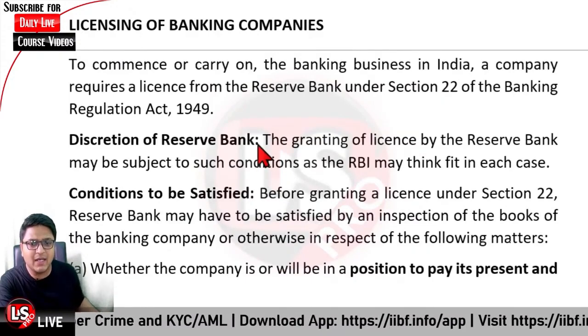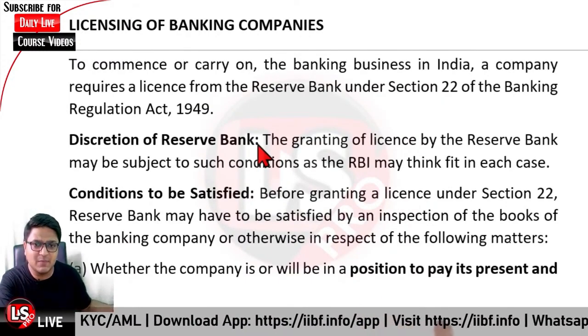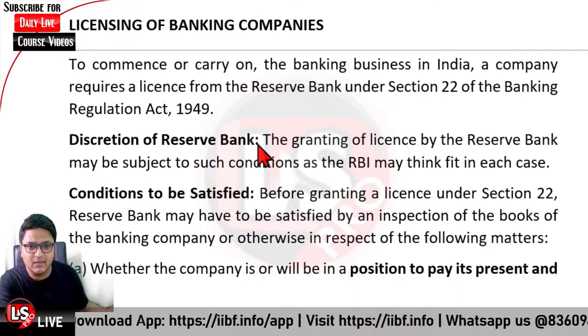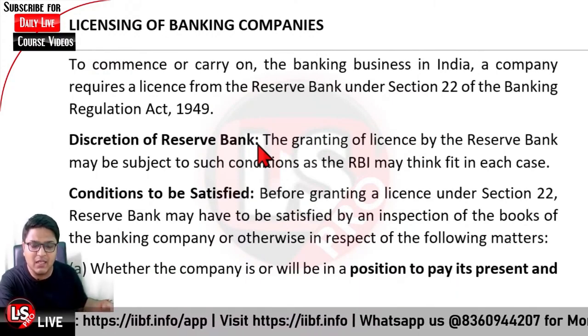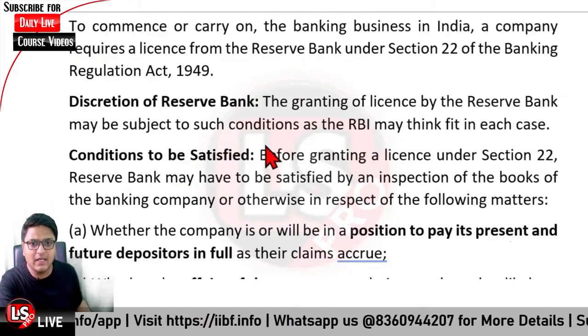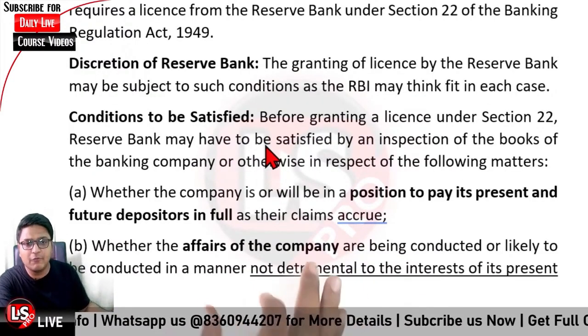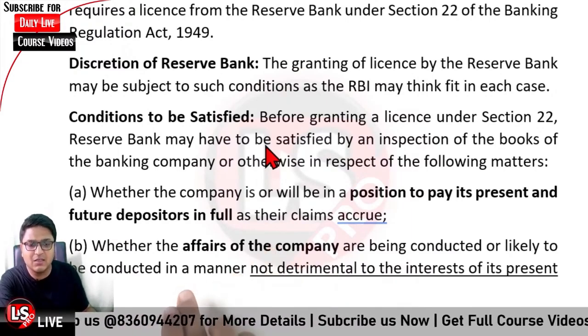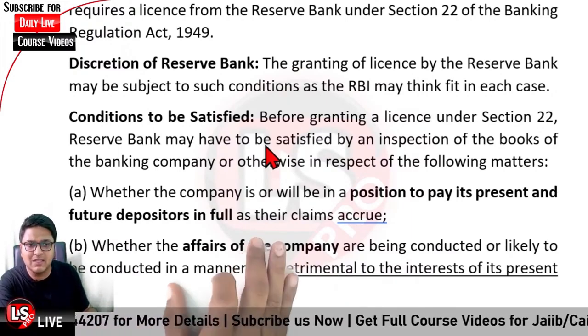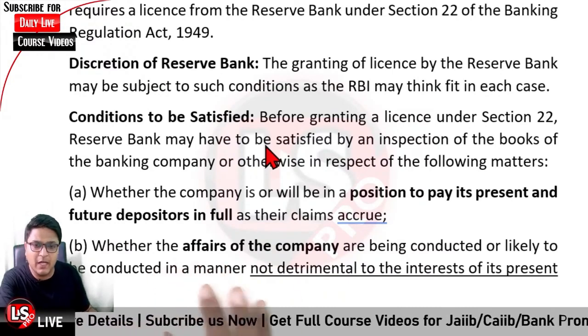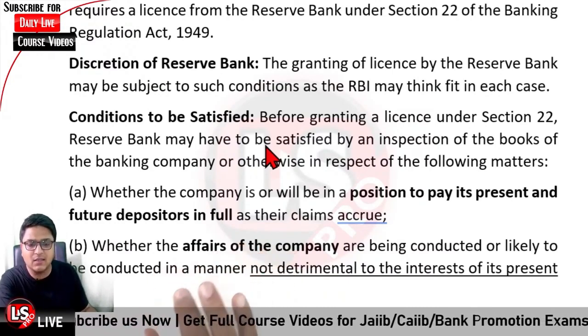RBI has to be satisfied, through inspection of books, that the bank is in a position to pay its present or future depositors. For a bank, the deposit is a liability which is to be paid off, and a loan is an asset.